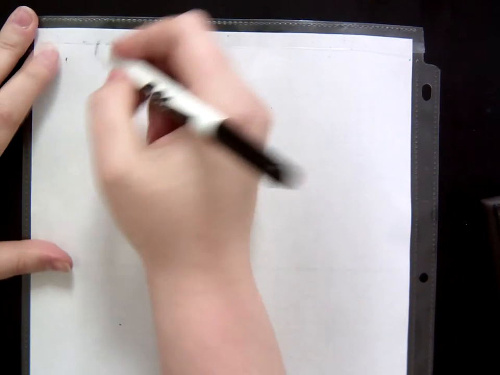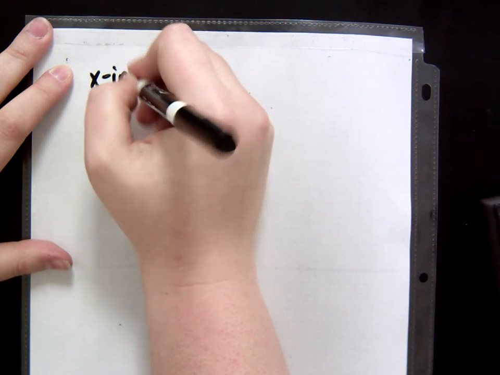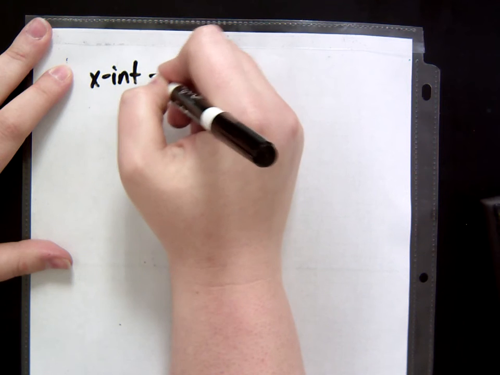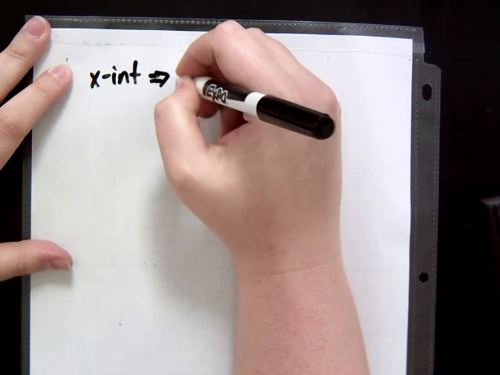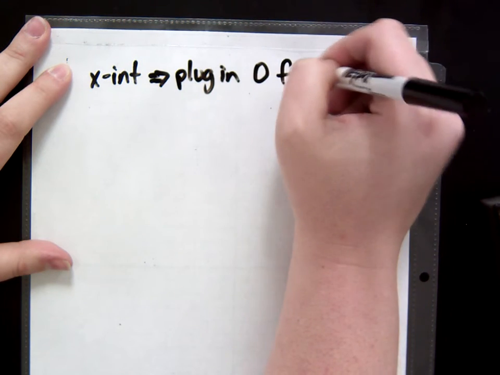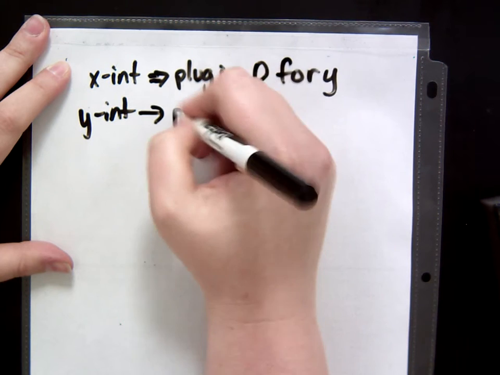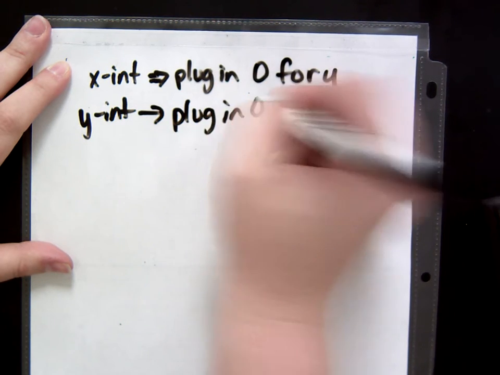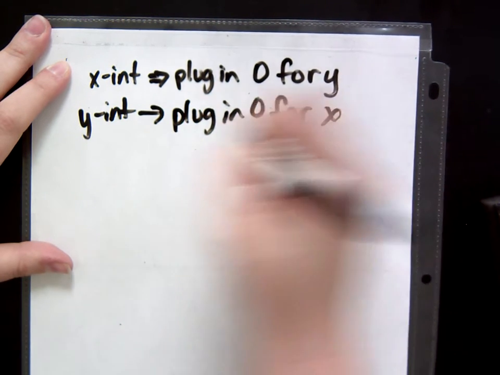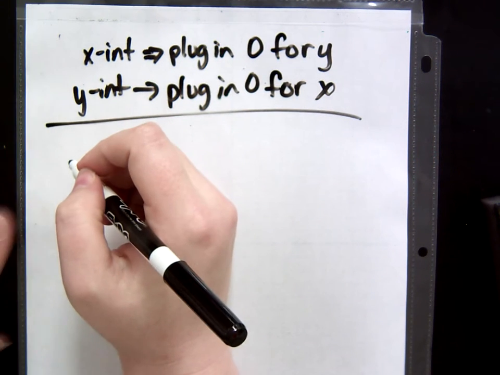So if you are trying to find the intercepts algebraically, for the x-intercept, you're going to plug in a 0 for your y. For the y-intercept, you plug in a 0 for your x value. So let's look at an example.